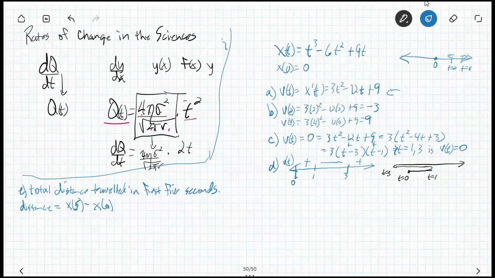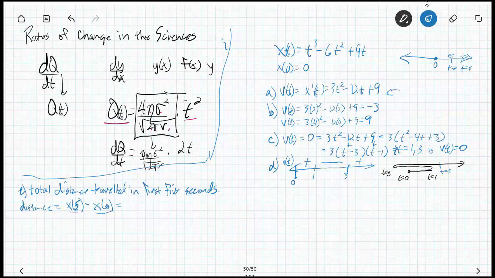Okay, well, let's think about this. This would be the position when it started, subtracted from the position when it finishes. That wouldn't be distance, would it? Because what's happened is this thing goes here, and then it comes back, and then it comes back. And let's say that this right here was t equals 5.